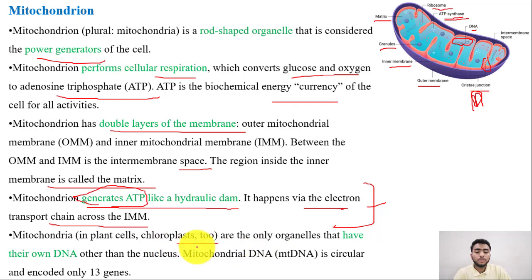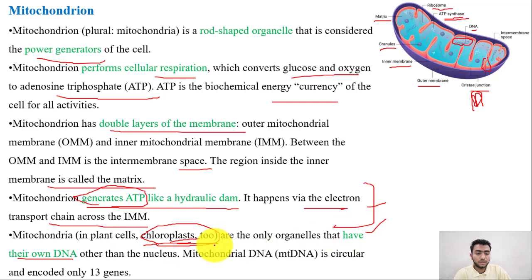Mitochondria in plant cells, and chloroplasts too. This part exposed my surprise, because guys, I did not want to tell you that in fact chloroplasts too are organelles that have their own DNA. So now you know that there are two organelles that have their own DNA, and that was my surprise, but sadly that's been exposed at this point.